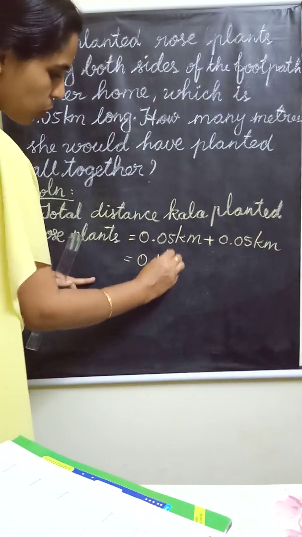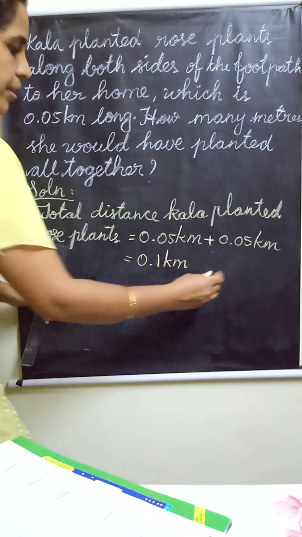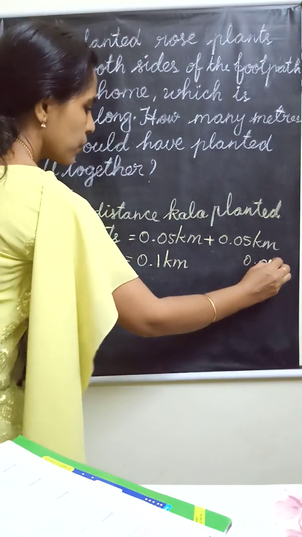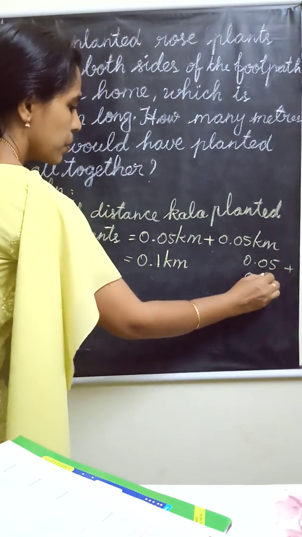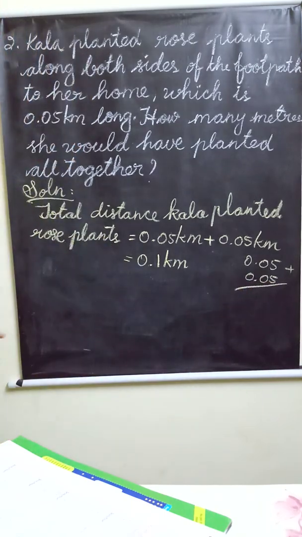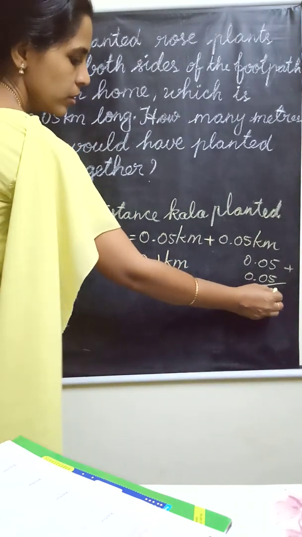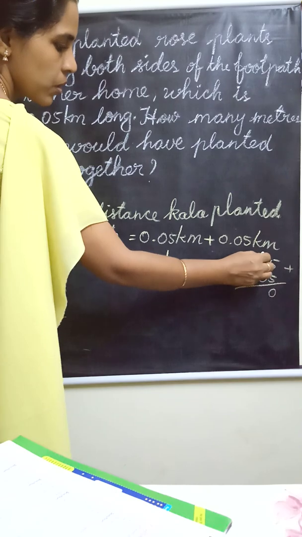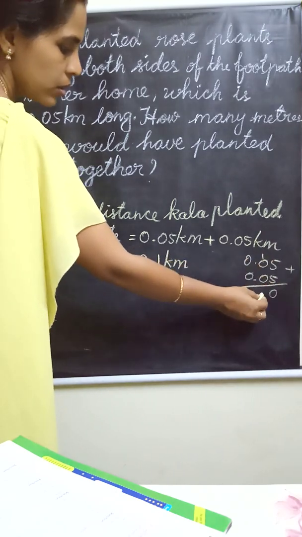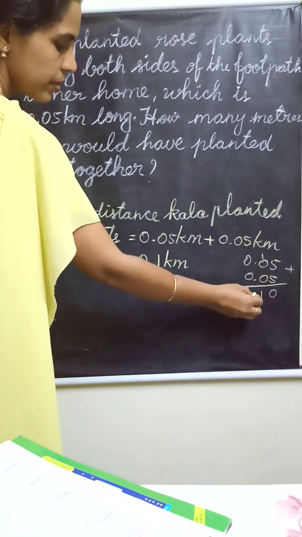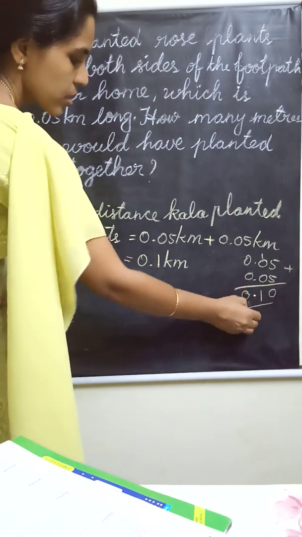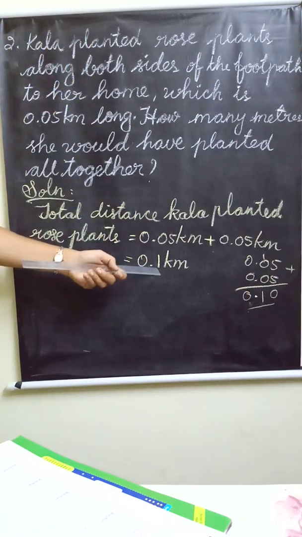How do we add? 0.05 plus 0.05. 5 plus 5 is equal to 10. Here 1, 0 plus 0. So 0.1 kilometer.